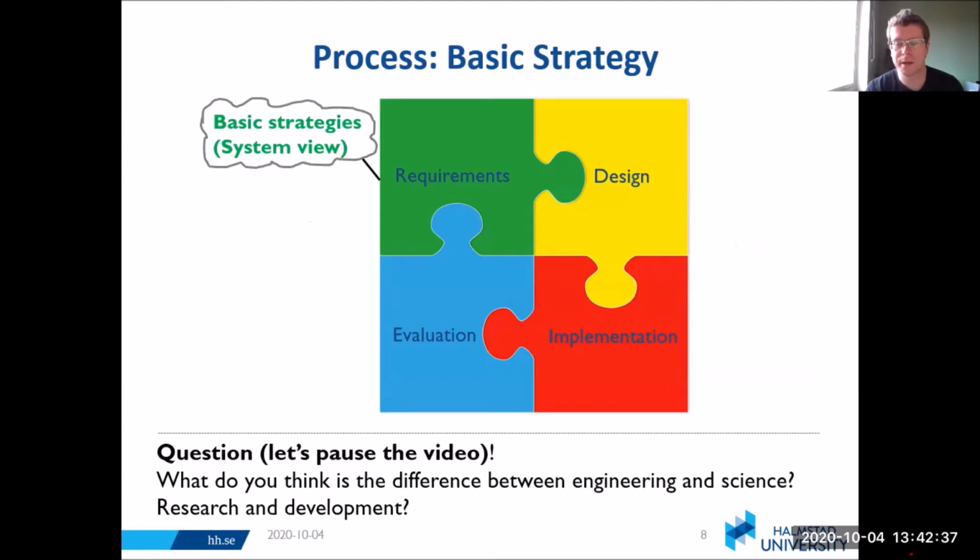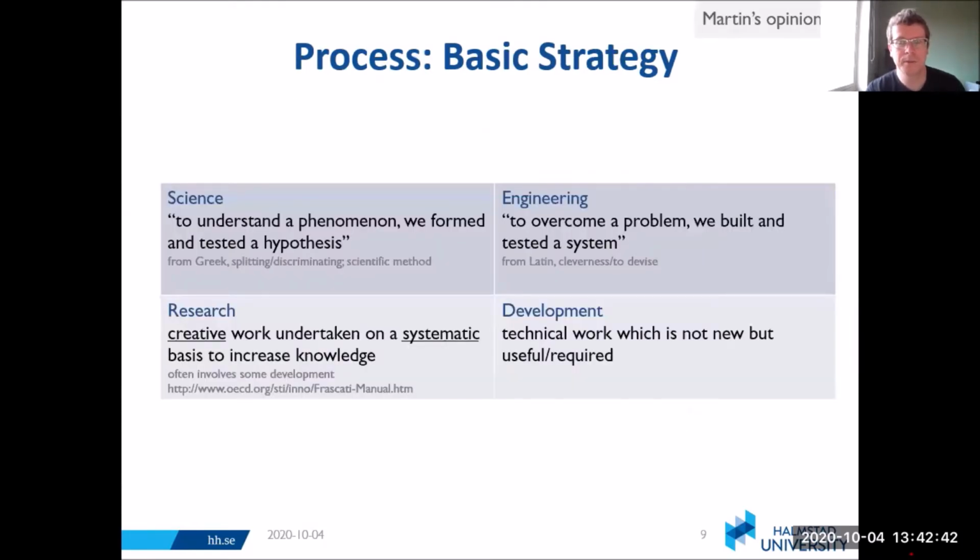Okay, so I guess you've paused the video if you wanted, and now you have an answer. My personal answer is as follows. Of course, I think there is no one right answer. People define things in different ways, but this is my answer. Science for me is when you try to understand a phenomenon, so you form a hypothesis and then you test it.